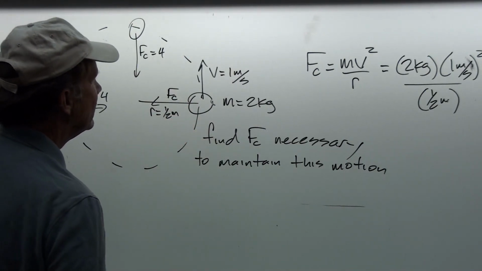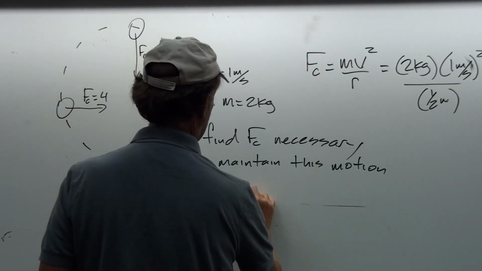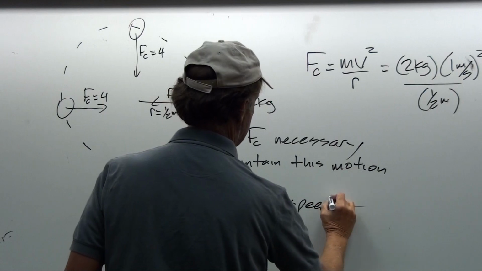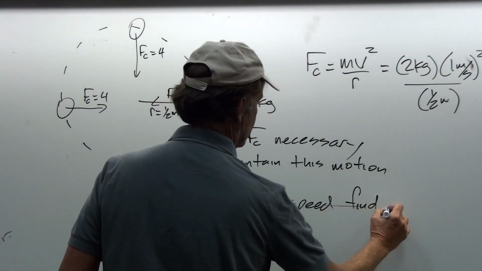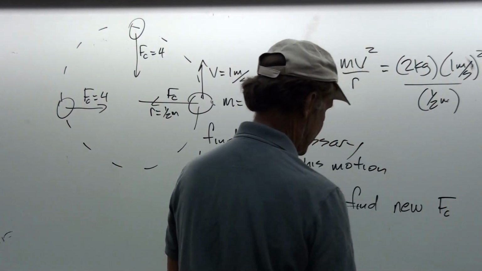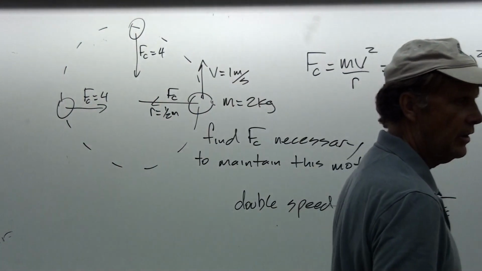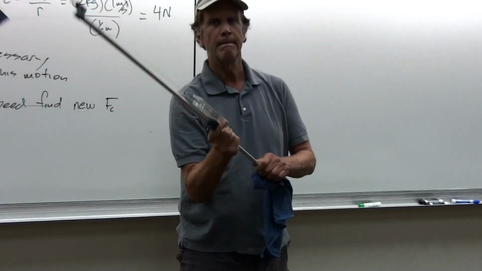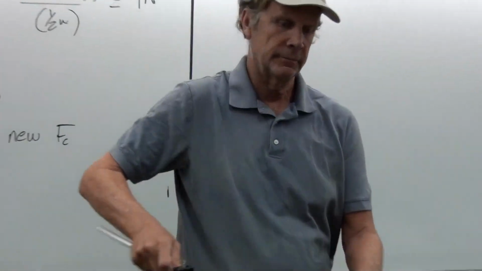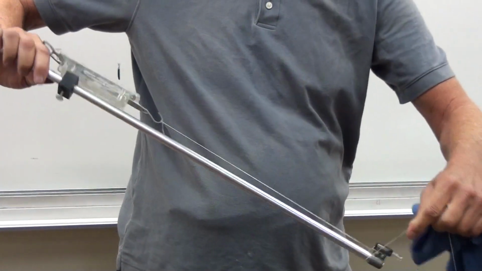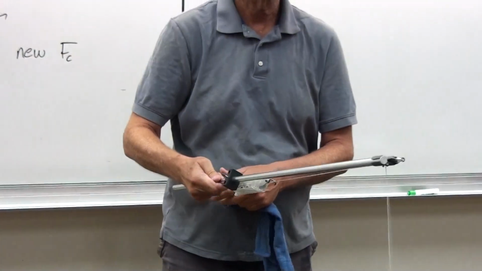But now, let's double the speed. Let's find the new F_c. If I start going at twice the original speed, then I'm really going to have to hold on tighter.